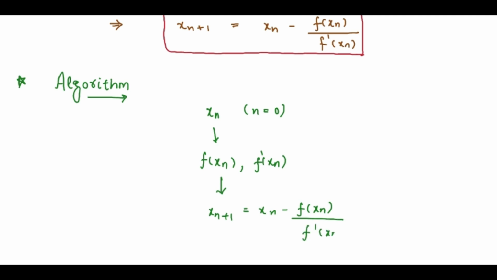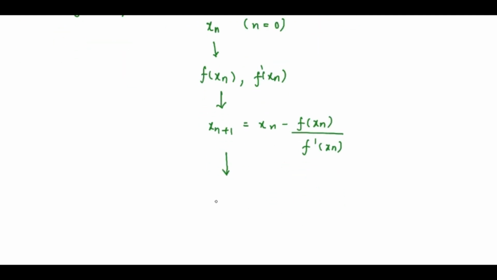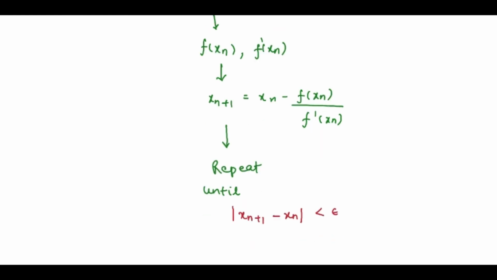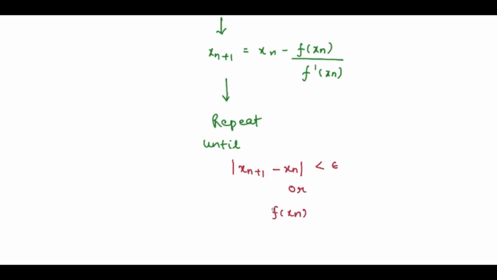Then repeat until the stopping criterion is met. The stopping criterion is that the mod value of xn plus 1 minus xn is less than epsilon, or you can take the mod value of the function at xn to be less than epsilon.